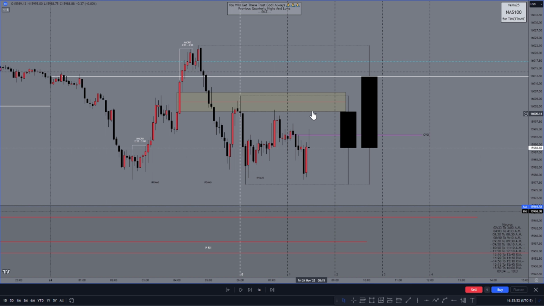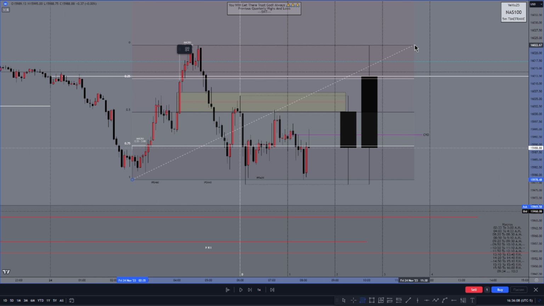Now what do we do? We wait for price to accumulate, like you can see here, and go up to reach the higher time frame PD array. In this case, a PD array that was in premium, not discount, in premium. Why? Because of this. Look, equilibrium is the low of that inversion fair value gap. So I would like to see price reaching for this level here, and after that going down.